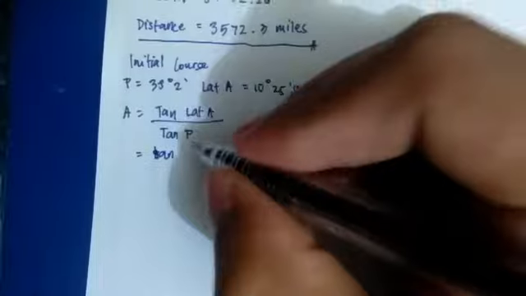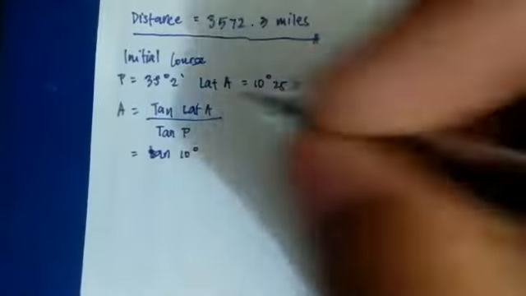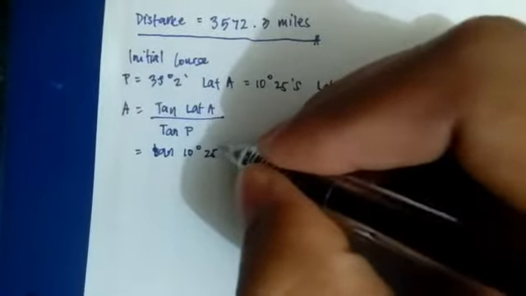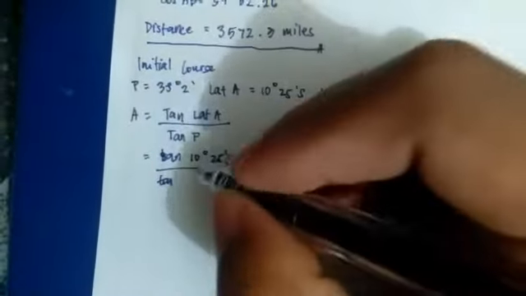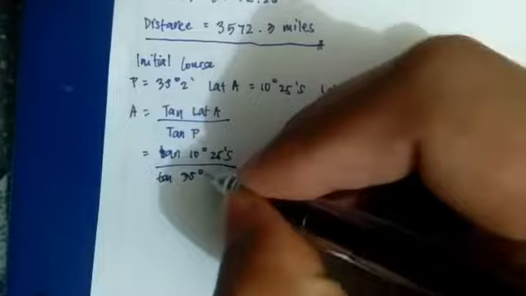So tan latitude A, which is 10 degrees and 25 minutes south, over tan P, which is 35 degrees and 2 minutes.